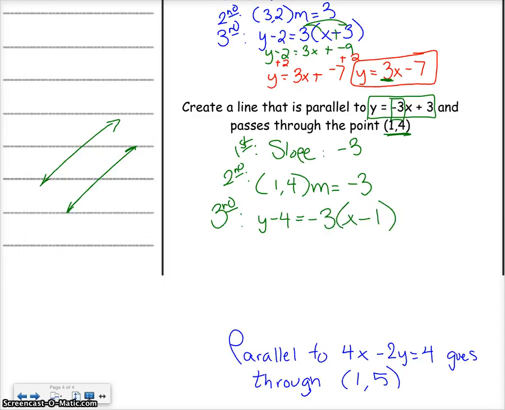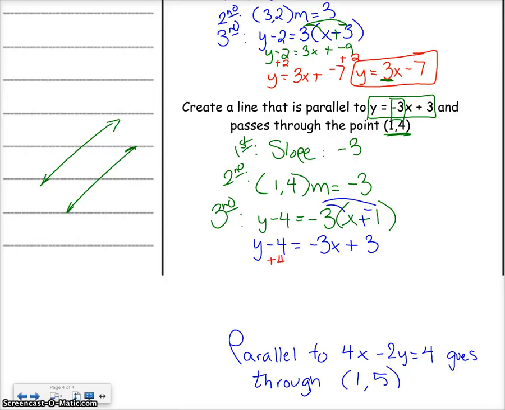I'm going to go ahead and plus a negative over here on the right-hand side. My purpose for that is because I see I'm going to distribute a negative 3. y minus 4 equals negative 3x plus a positive 3. Negative 3 times negative 1 is a positive 3.